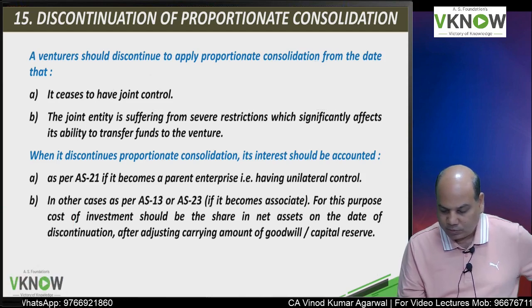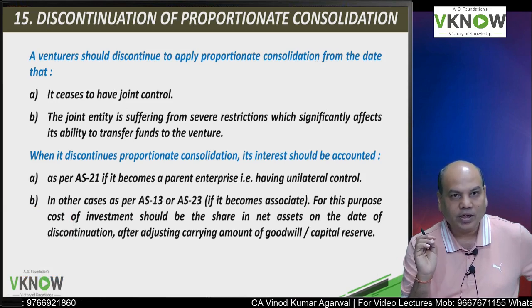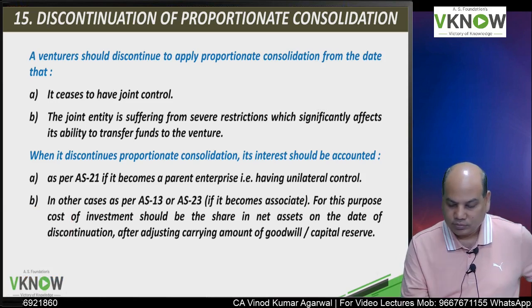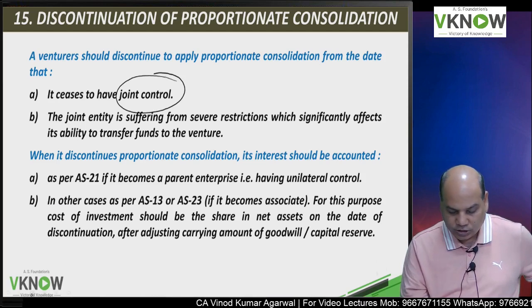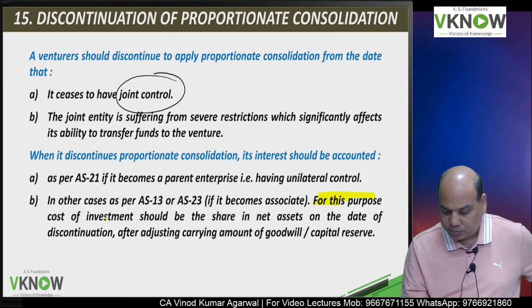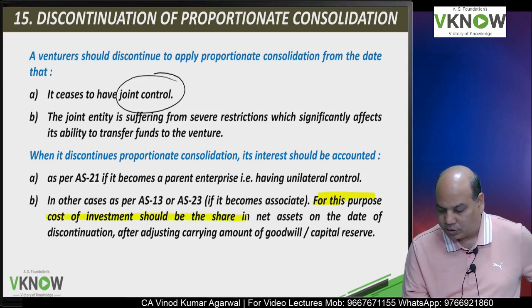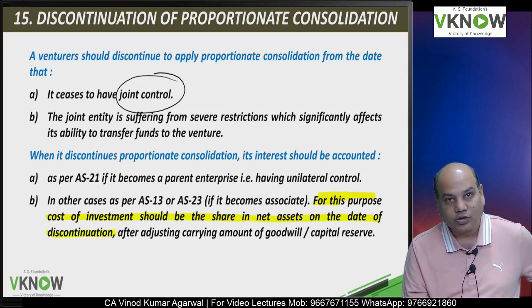Now the question will be, what would be the carrying amount of investment once you cease to have joint control? So there is an answer for that question. Underline, for this purpose cost of investment should be share in net asset on the date of discontinuation.